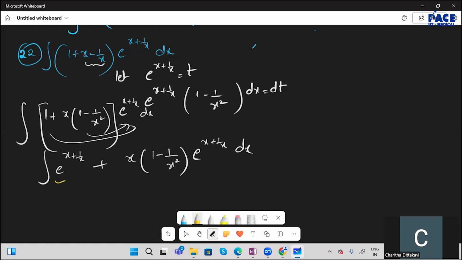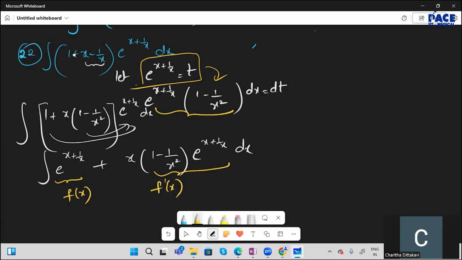If I consider this as f(x), is this nothing but f'(x)? So e^(x + 1/x) times (1 - 1/x²), all together considered, is f'(x). And this x remains the same.